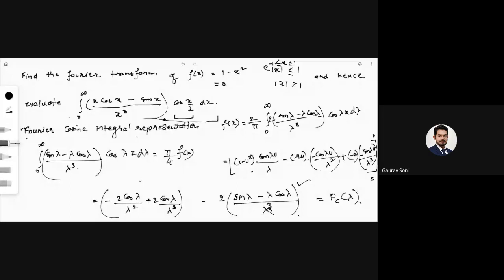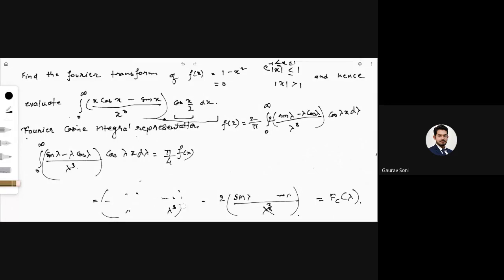Now we need to identify the value of x so that we get that required expression. As we can observe there is cos x by 2, and everywhere if you replace lambda by x, we get the upper equation. So what we will do is we will put x is equal to 1 by 2.